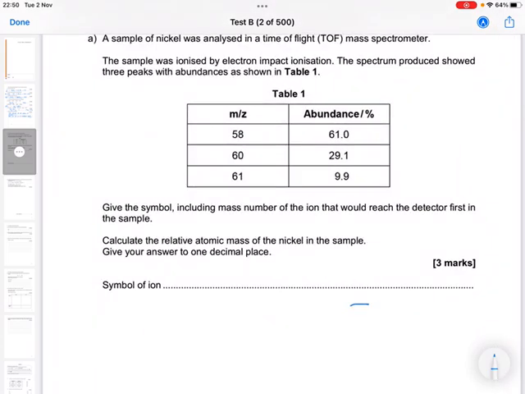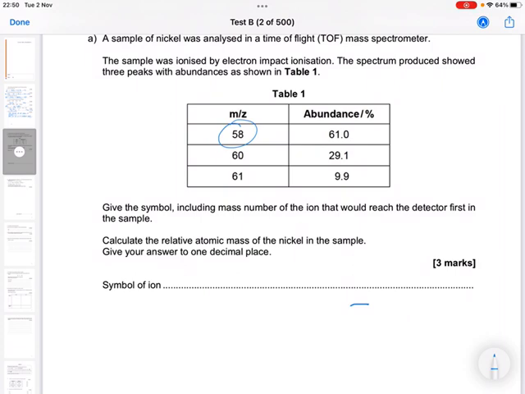Okay, so let's start with that. The symbol of the ion. So they all have the same kinetic energy. So what determines the time taken to get to the detector is going to be their mass. And the smaller the mass, the quicker they're going to move, the sooner they're going to reach the detector.